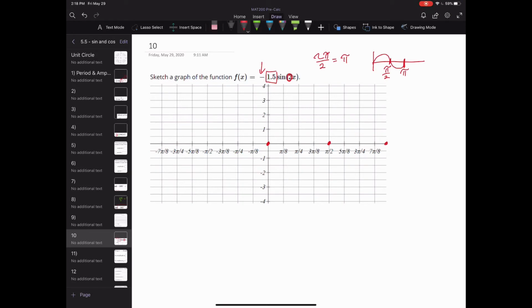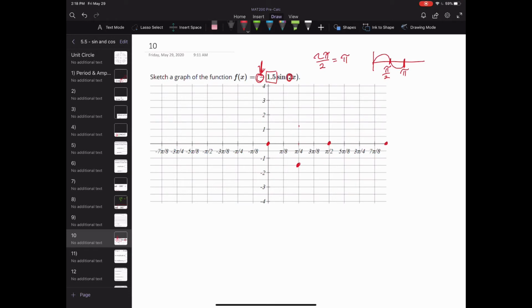So right in the middle of this, and which one is the middle here? I would say right here. The amplitude is 1.5, so it would have been here, but since it's getting negated, it's flipped around, so it's not going to be right there. It's going to be down here instead.